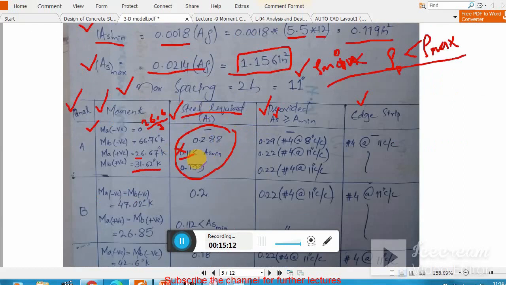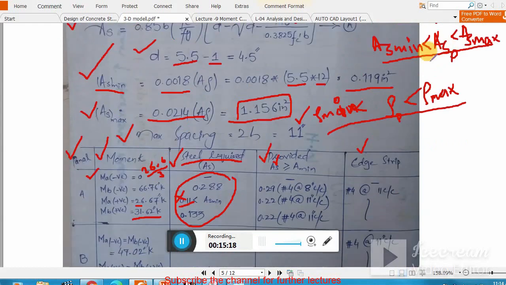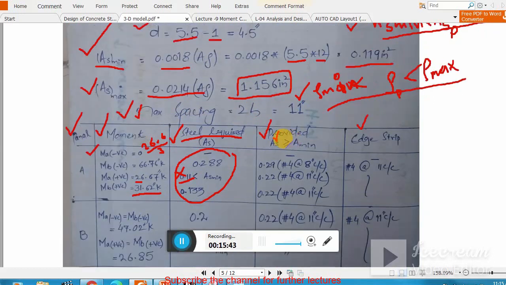Now this is the required area of steel which is needed to control this kind of moment. Now we need to check whether it passes this criteria, that this area of steel provided is greater than As minimum and less than As max. So this ductility check should be confirmed, remember. And one other check is your maximum spacing. You have to check your maximum spacing as well.